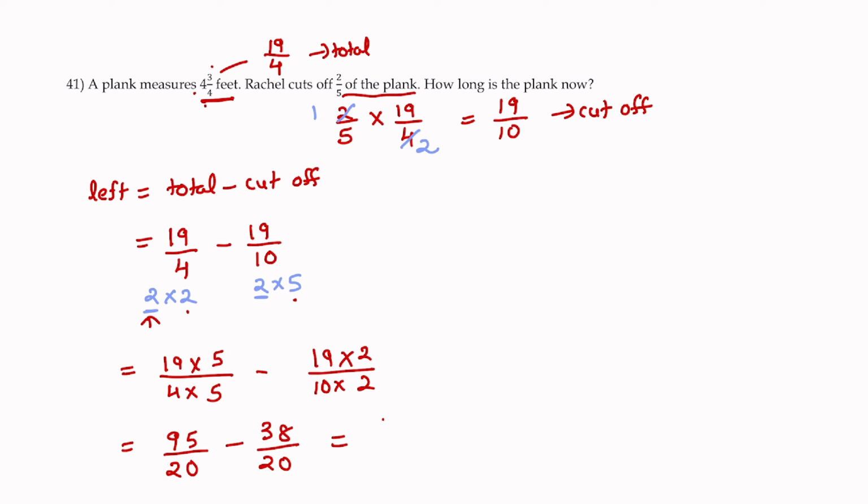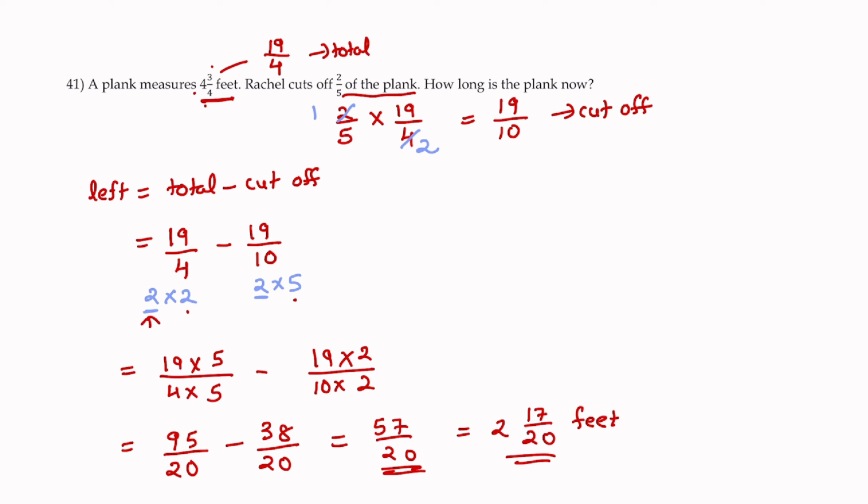So that's basically 57 upon 20. Okay? And if you want, you can convert this again into a mixed number. 20 goes twice. That's 40. And we are left with 17. So that's the answer. And the unit's always important. So that's the answer. 17 upon 20 feet is what's being left now.